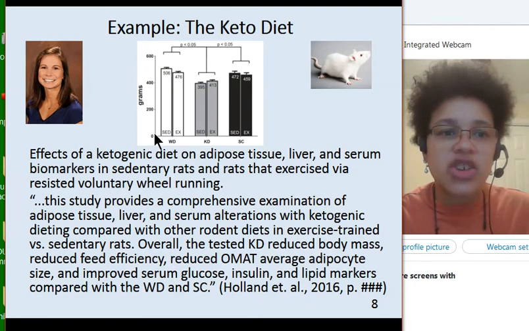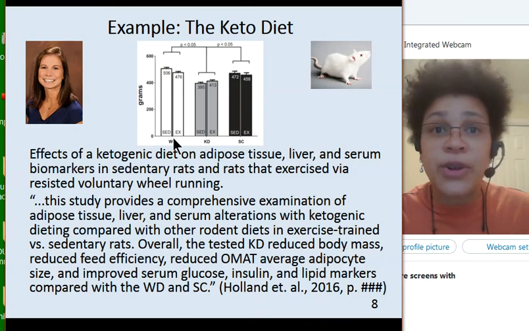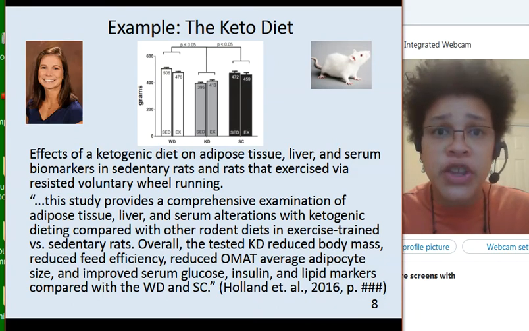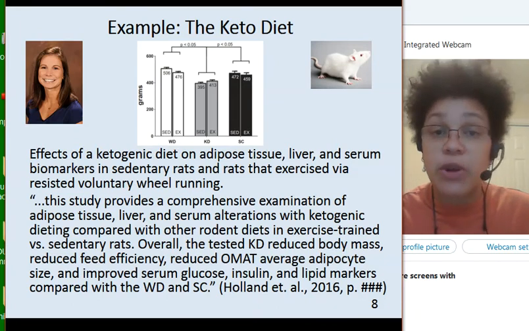this graph shows weight in grams, and then there were three conditions. There was the Western diet, or the typical thing that most people here in the U.S. eat in terms of the amount of protein, carbohydrates, and fats.